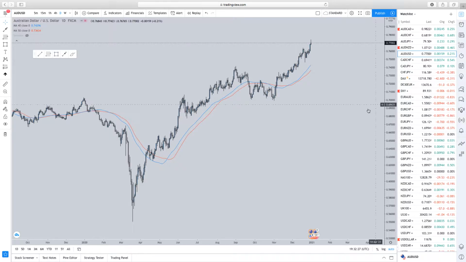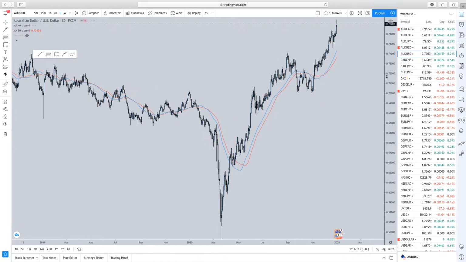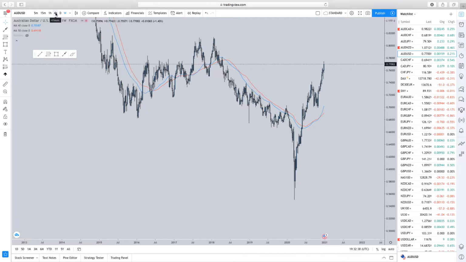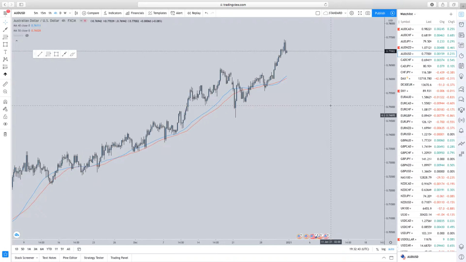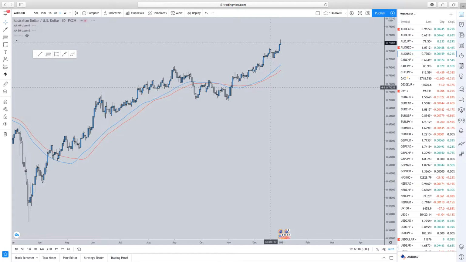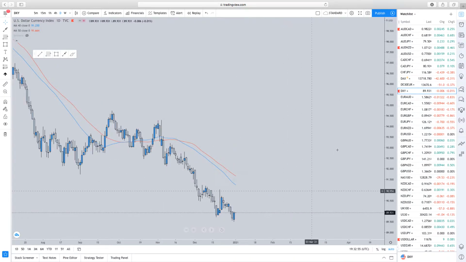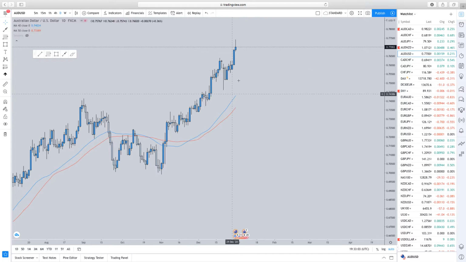Oh, I'd probably see a reversal here. You might see it even on the daily, if you have a look. Now, AUD USD, I'd always check the DXY as well. So I'd say dollar index is going to go up. So if dollar index goes up, AUD USD should go down, which makes sense.